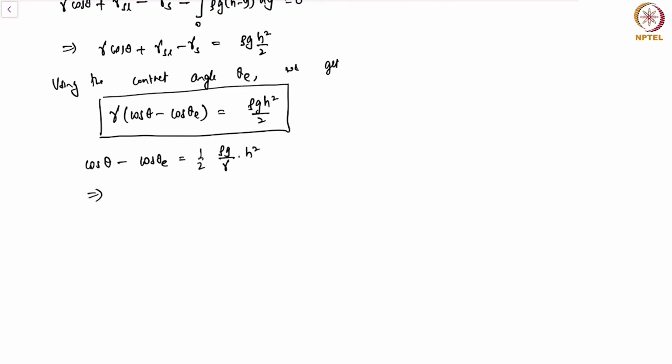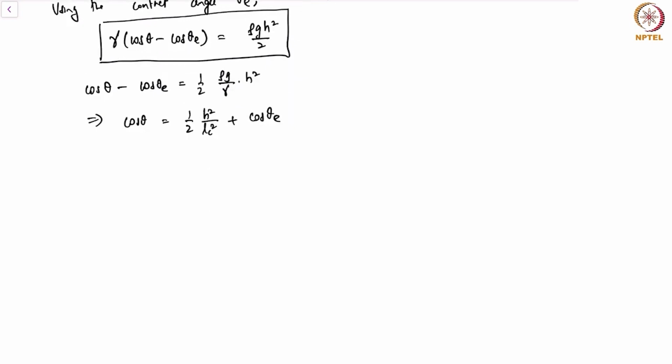Now this can be rewritten as cosine of theta is equal to half h square by lc square plus cosine of theta e, and therefore I will now have 1 by square root of 1 plus hx square is equal to half h square by lc square plus cosine of theta e.